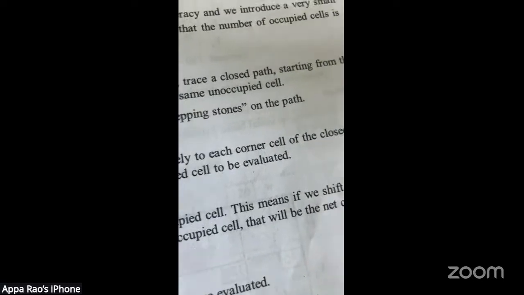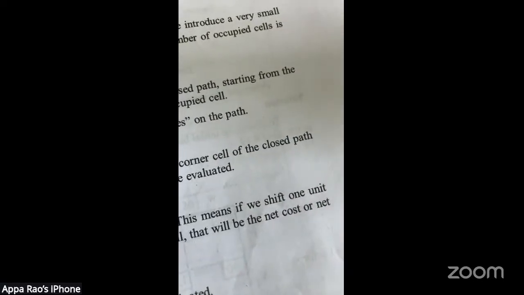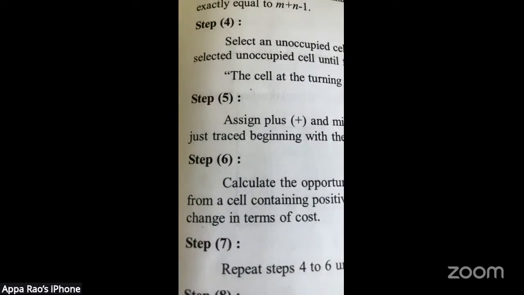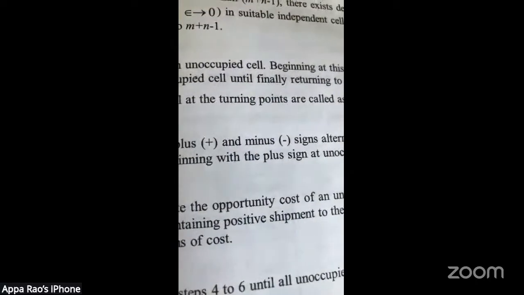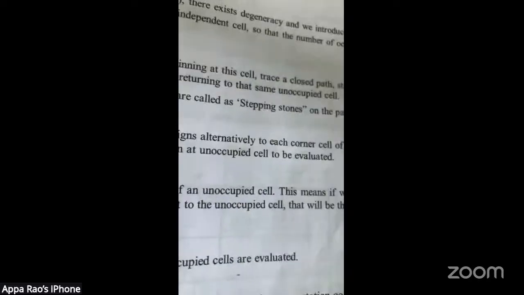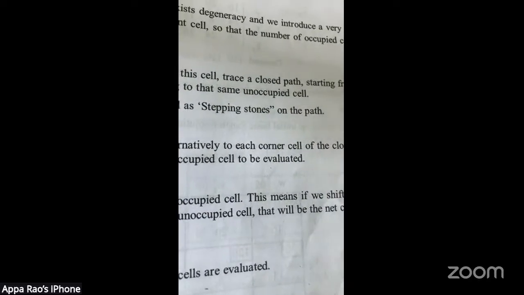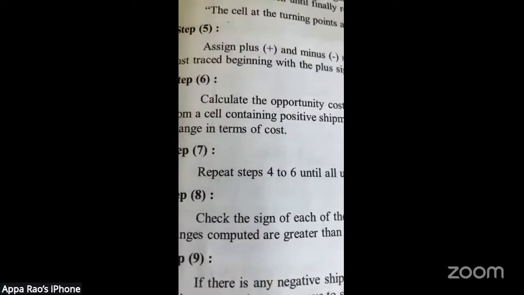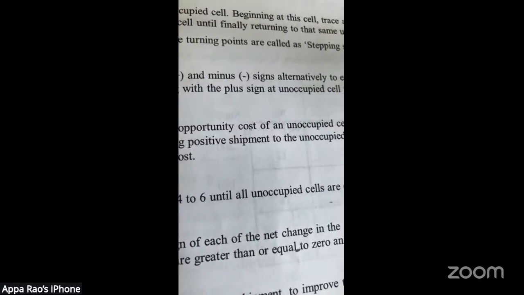Alternately, assign them to each corner cell of the closed path, beginning with the plus sign at the unoccupied cell to be evaluated. Step 6. Calculate the opportunity cost of the unoccupied cells.